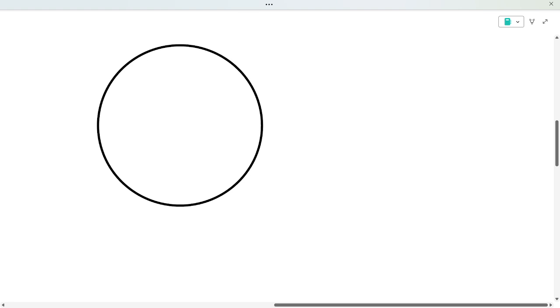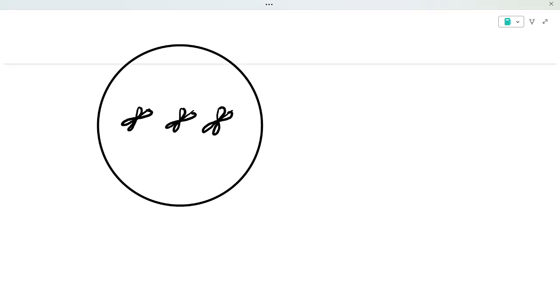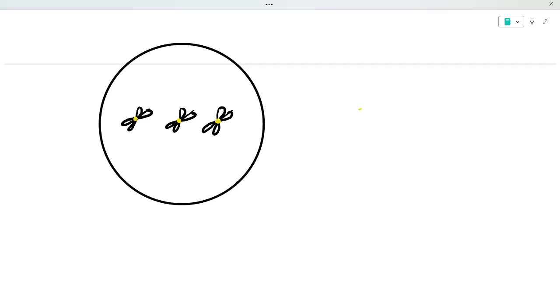We have studied in the case of metaphase, all the chromosomes were at the equator. These were the centromeres. All the centromeres are present at the metaphasic plate.